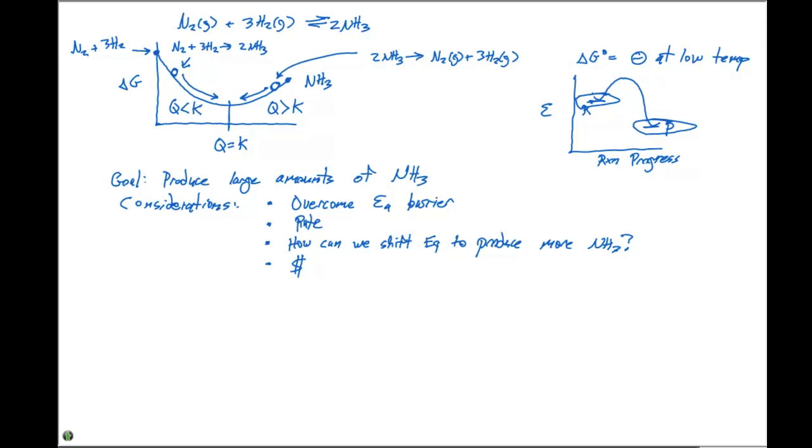So when we're looking at a particular reaction, we need to keep the kinetics of that reaction in mind, because if the kinetics don't work out well for us, we're not going to be able to produce much ammonia. So one of the things that is done in this particular reaction is that it's performed at high temperature.